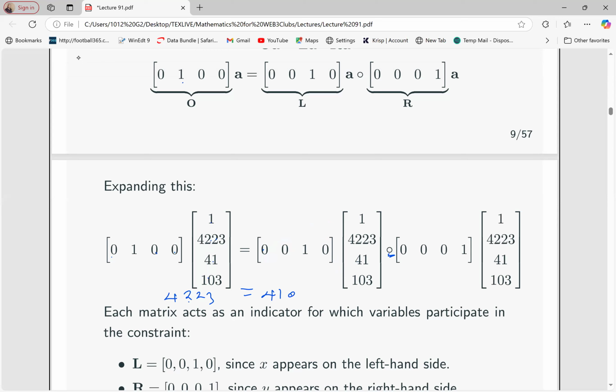Again, let's do this product. This was our R. Remember, this was our L, and this was our output, and this was our A. This product is 0, this product is 0, this product is 0, and this product is 103.